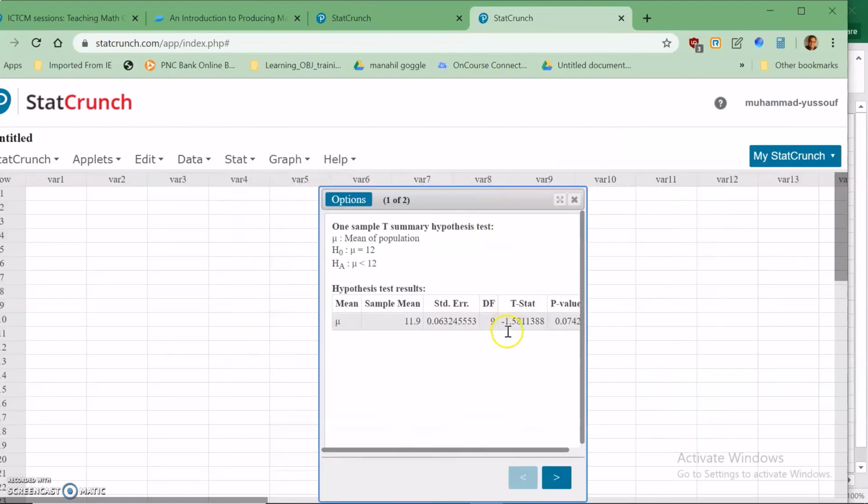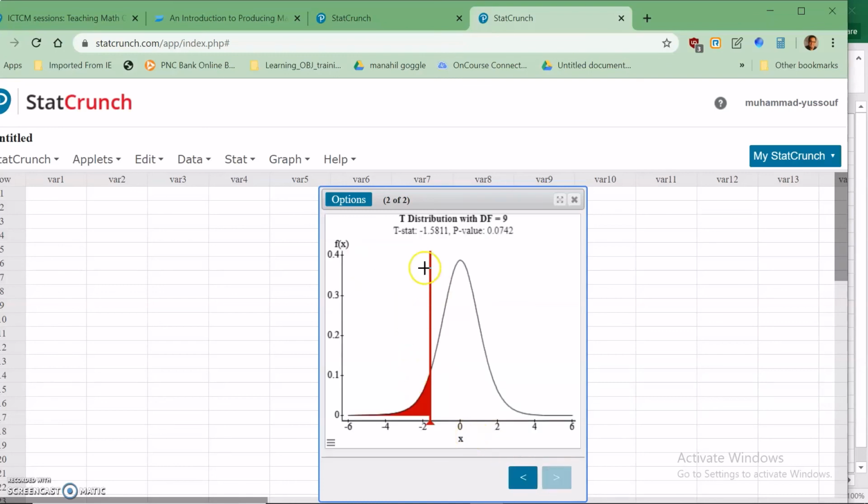We have the value of the t-stat, minus 1.58. Look at the p-value reported to us. It's the same thing. Look at our null hypothesis, and our alternative hypothesis. This is the t distribution with 9 degrees of freedom. You have the t-stat of minus 1.58, the same p-value, and this picture is also given to you.